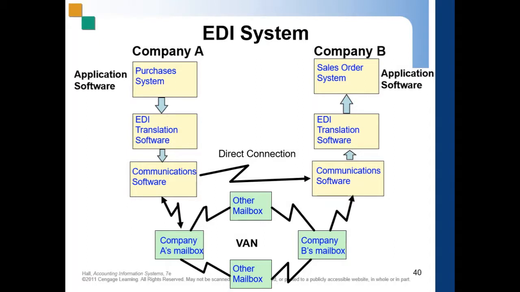So the supplier's system is automatically alerted that the customer needs this product in a certain quantity. It starts the sales order process.